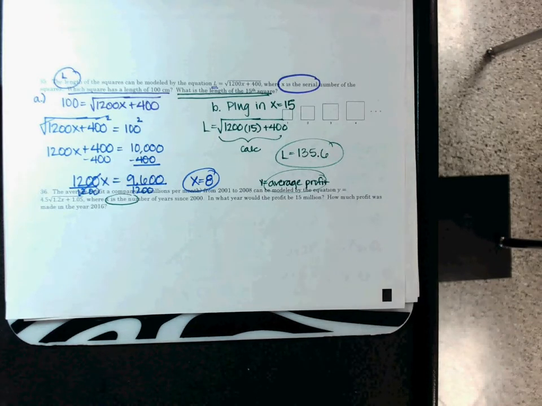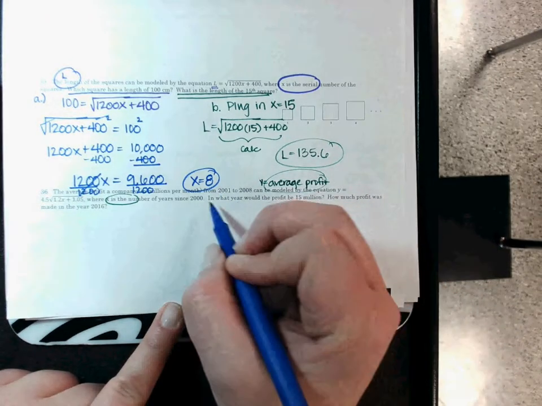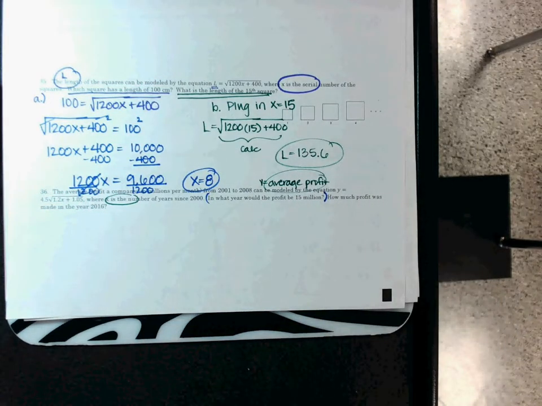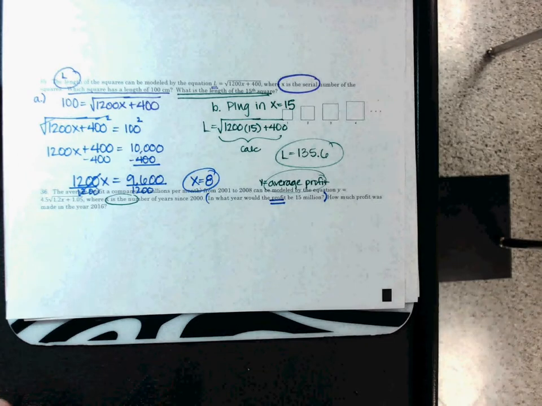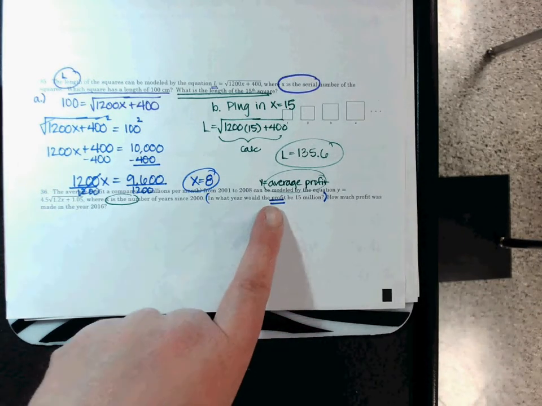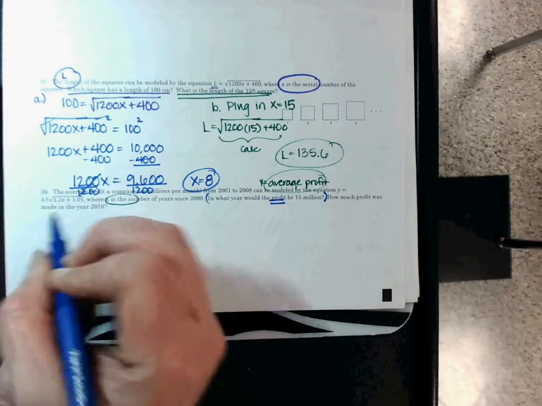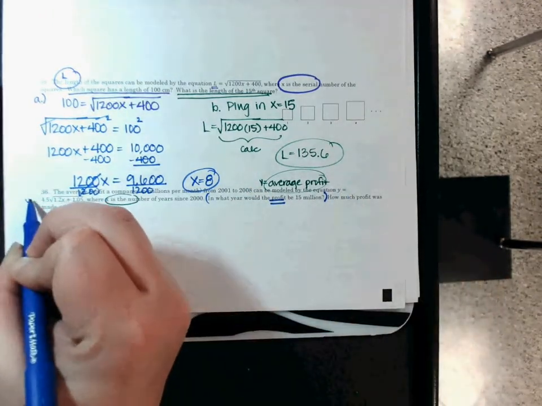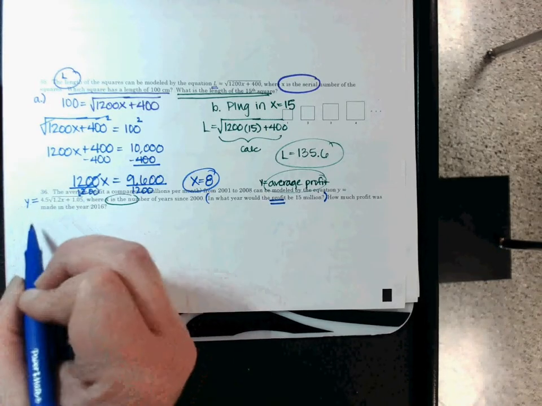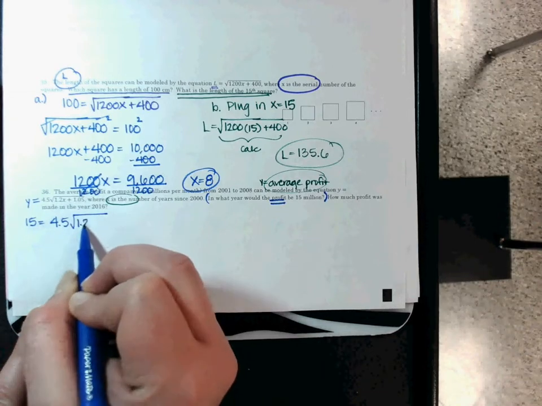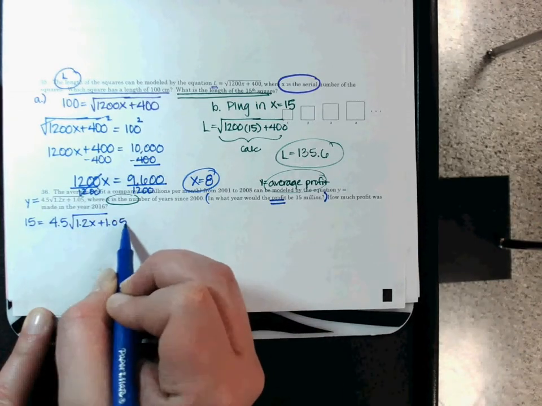Look at your part A, your first question. In what year would it be 15 million? Well, then what would I have to do? Plug in 15 for X or Y. I want 15 million to be the profit, so I plug in for Y. Your Y equals is on this side, so I'll put my 15 here, equals 4.5 square root of 1.2x plus 1.05.